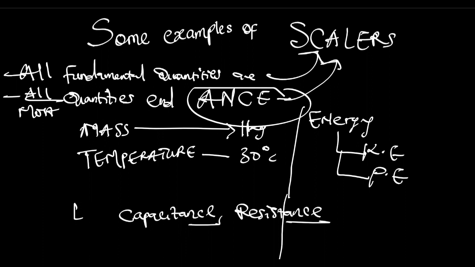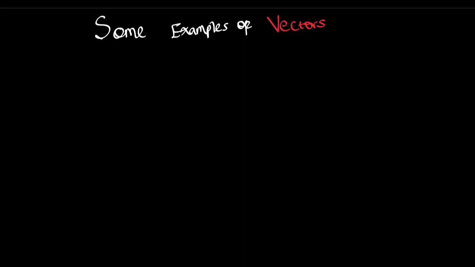Now let's move to vector quantities really quick. So some examples of vector quantities. Kindly pause the video and write in the comment section some of the vector quantities that you know. All right, let's move on.